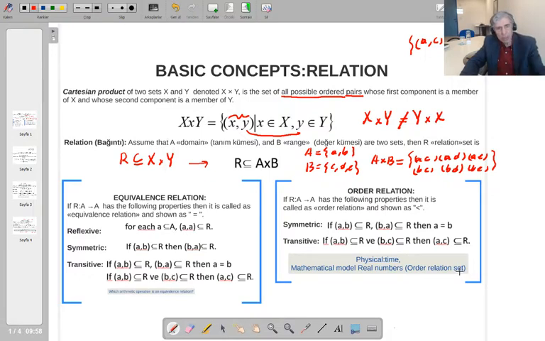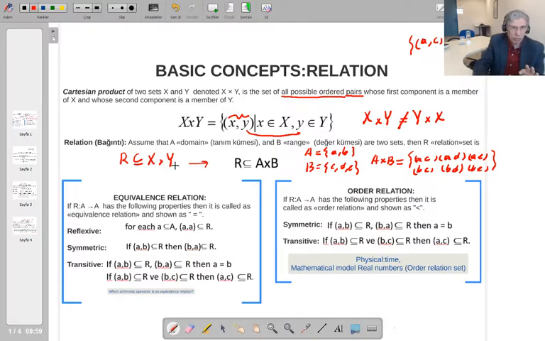If this relation has some properties on it, we give them a special name. Equivalence relation, for example, has three properties. It is reflexive, it is symmetric, and it is transitive. What we mean by reflexive is that the relation is defined on the same set.